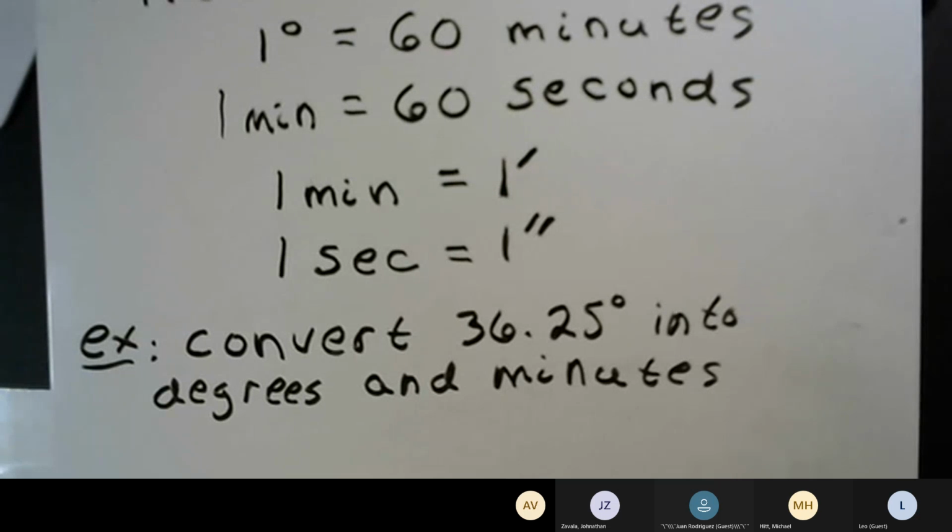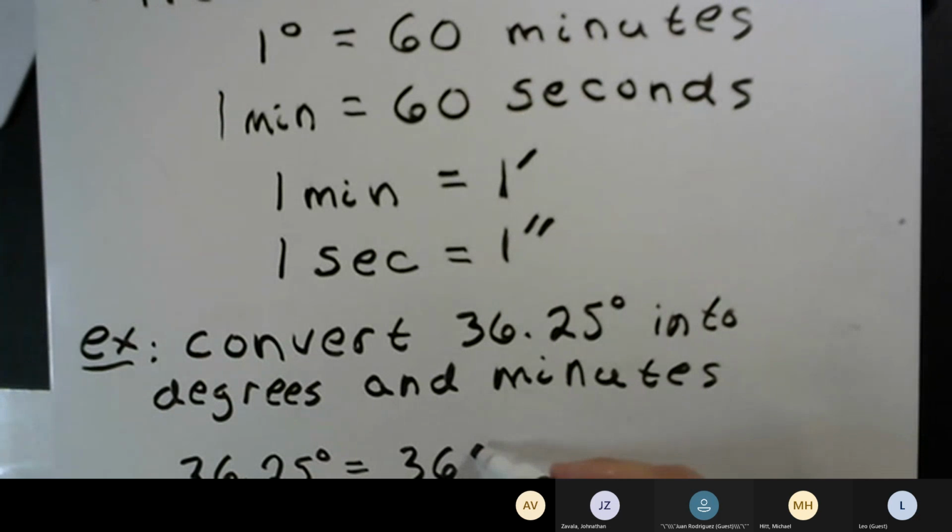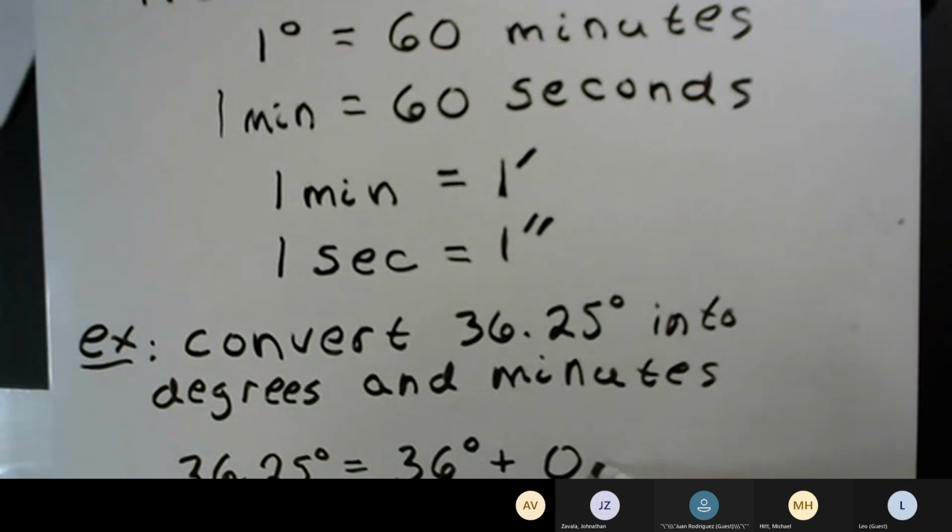So the way we do this, we're going to take our 36.25. We're going to break it up as 36 degrees plus 0.25 degrees. And then we're going to do our conversions.